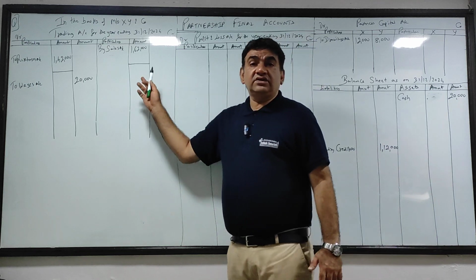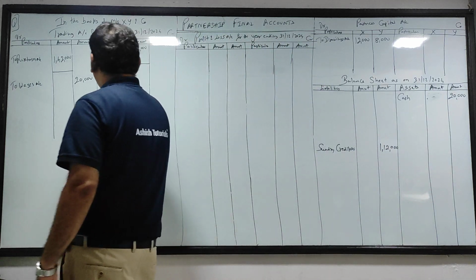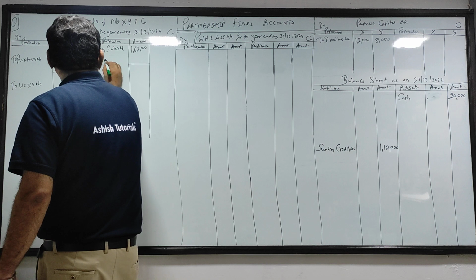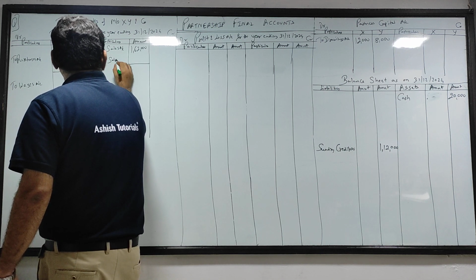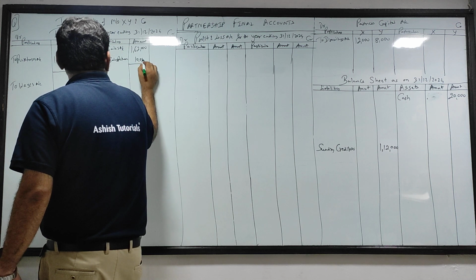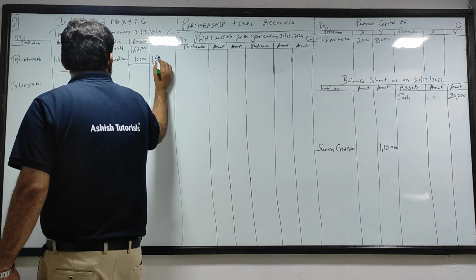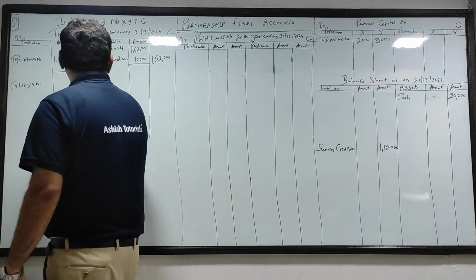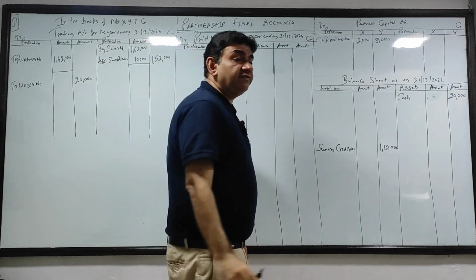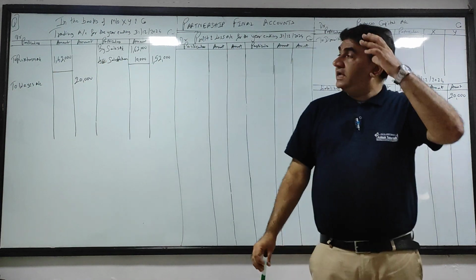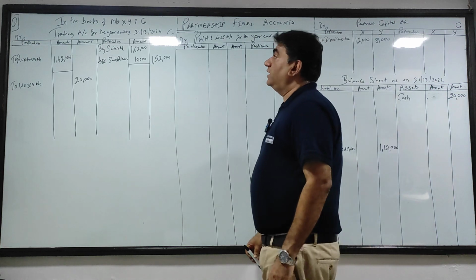So I will minus this sales return from sales. Below sales, less sales return 10,000, and after deducting the returns, take the answer outside.